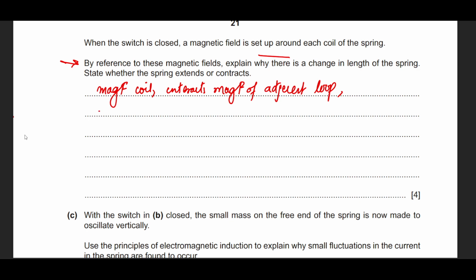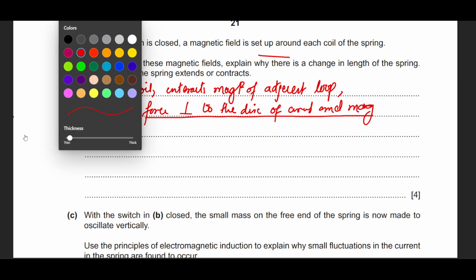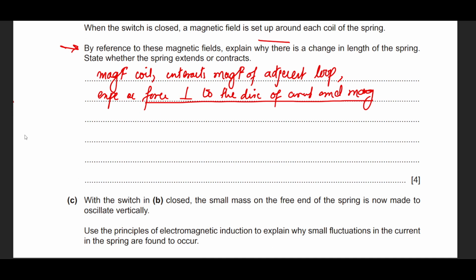They experience a force perpendicular to the direction of current and magnetic field. Again, this is a generic statement. It is just a simple implementation of the Faraday's law, right?